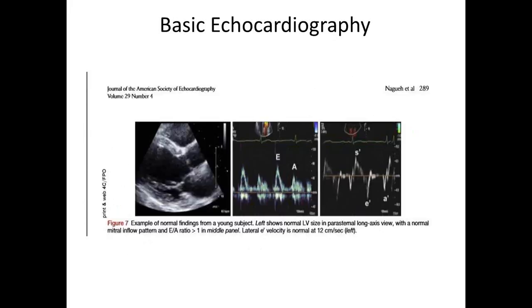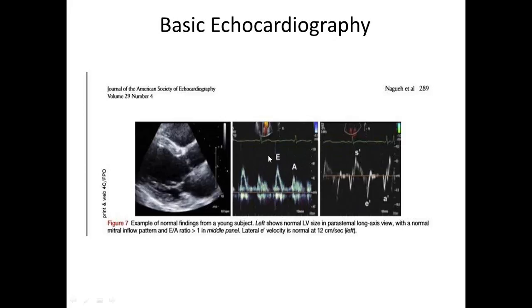We know, as shown before, that a normal mitral inflow E is bigger than the A. However, when you develop diastolic dysfunction, you will move from, say, a grade 1, where you have a small E and a big A, to grade 2, which is a pseudo-normal pattern.